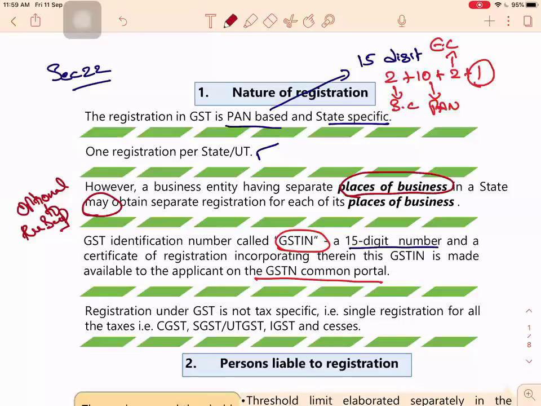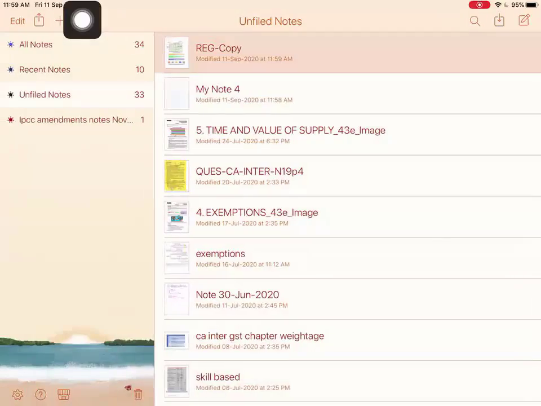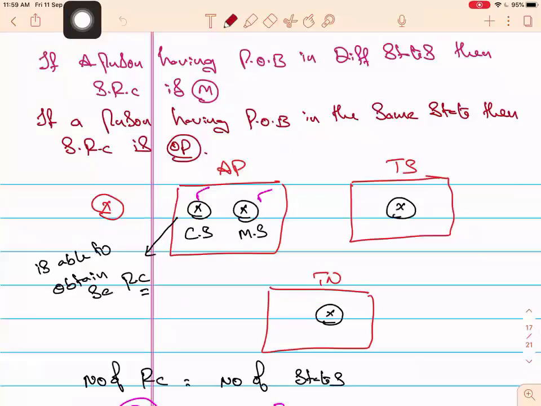Understood. Now the next question arises. Whatever the RCs, for example in this particular case, Mr. X has obtained RCs from all these three different states, that is within AP, within Telangana and within Tamil Nadu.